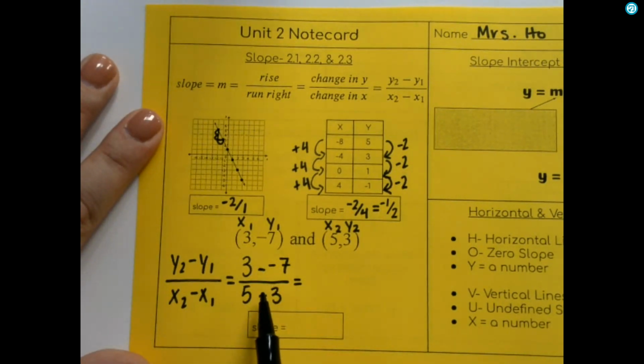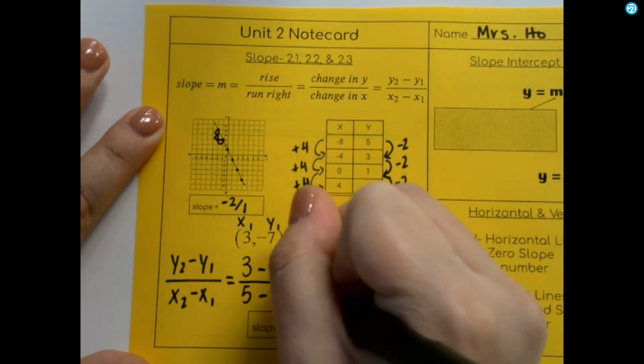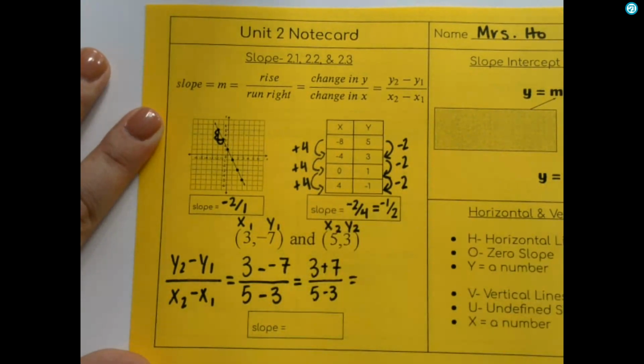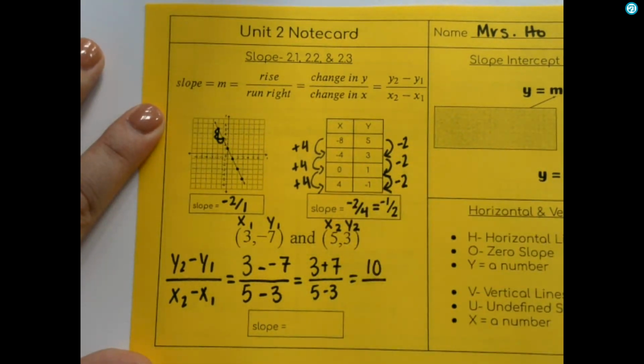Subtracting a negative is the same as adding a positive. So if you want to write down for yourself that that actually means 3 plus 7, you can. So then 3 plus 7 is going to be 10. 5 minus 3 is going to be 2.